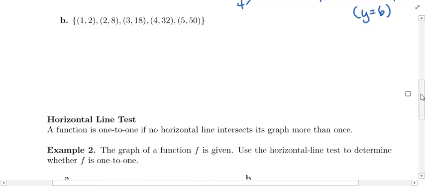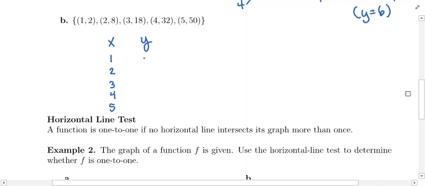Now we have a new set of ordered pairs: (1, 2), (2, 8), (3, 18), (4, 32), and (5, 50). Again, I'm going to draw out an arrow diagram. You don't have to, I just do this for readability. Again, I'm going to order my x values in ascending order: 1, 2, 3, 4, and 5.